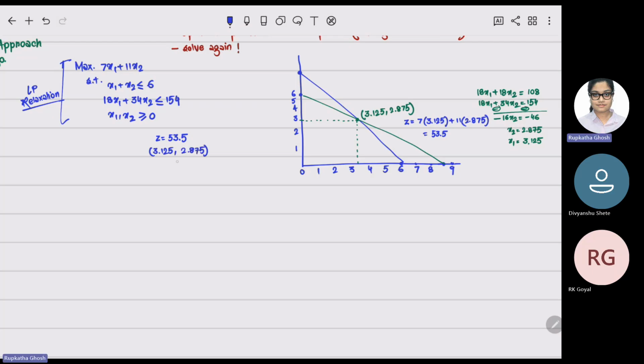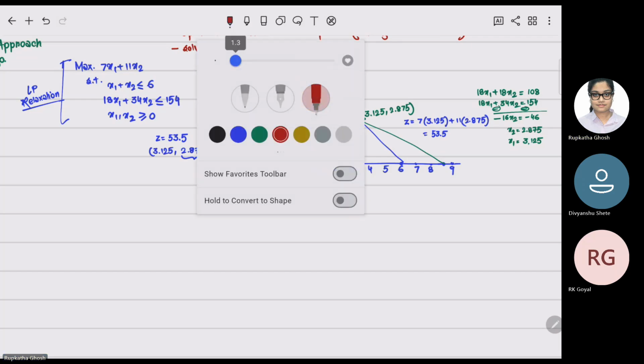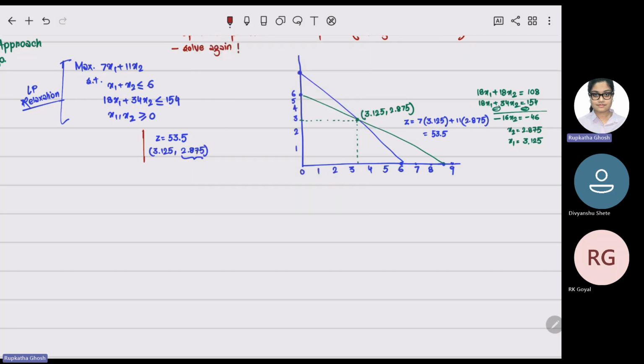Now I will try to make this an integer. So here is my root node. And I'll try to partition this problem like this. On one hand, I will have x2 less than or equal to 2. On the other hand, x2 greater than or equal to 3.